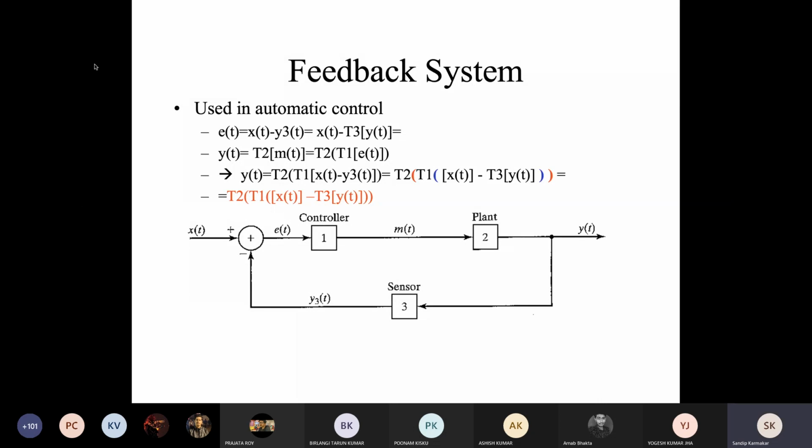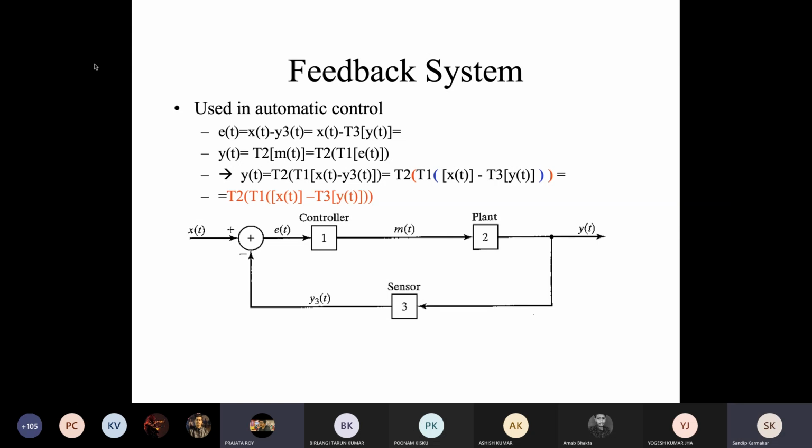Feedback system. Look here, there is a feedback from the output back to x(t). So here e(t) equal to x(t) minus y3(t). Tell me what is e(t) here? Sir, e(t) is like an attenuated signal, sir.